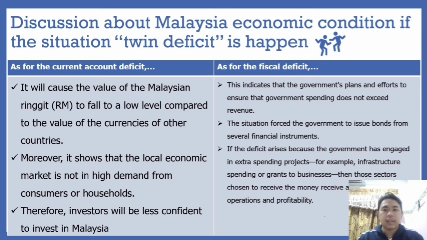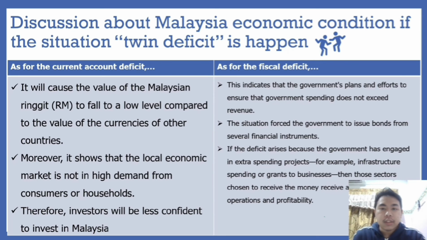For the fiscal deficit, this indicates that the government plans an effort to ensure that government spending does not exceed revenue. So the situation has forced the government to issue bonds and other financial instruments like shares, stock, bonds, futures, and option contracts.